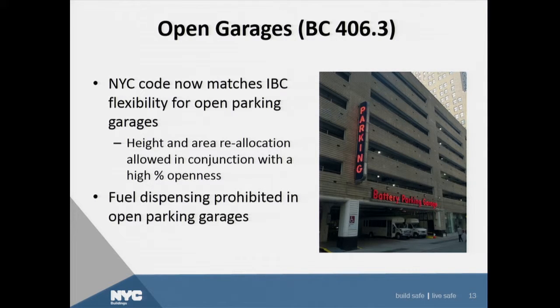Yes, if it's 3 sides open, you can increase the area by 25%, and you can get an additional tier. So this is one option. If it's 4 sides open, you can again go up 1 tier, but you can increase the permitted area by about 50%. So again, there's more flexibility here.